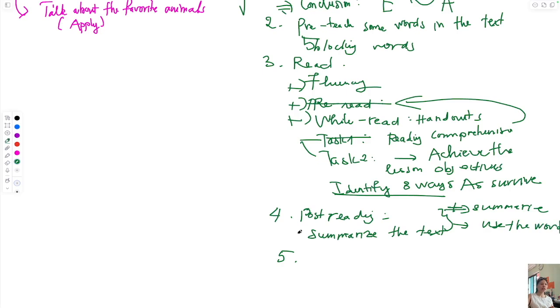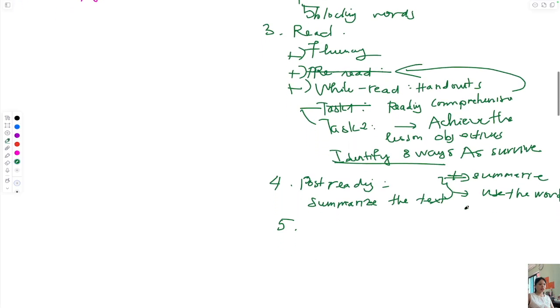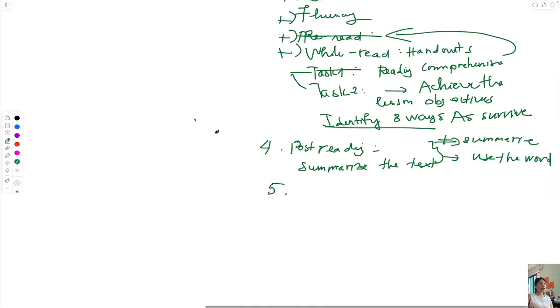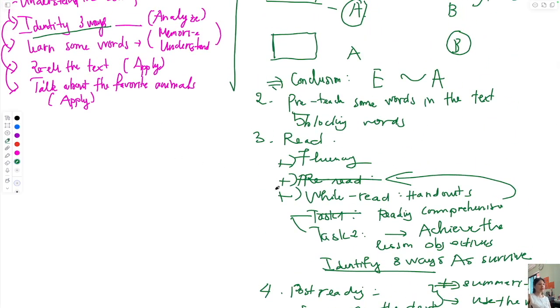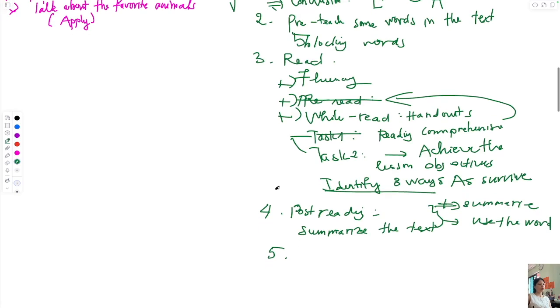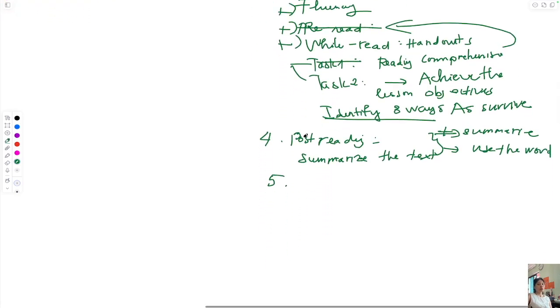And lastly, number 5 is this activity. Number 5, talk about the favorite animal. Of course, this is a freer practice, a free speaking practice. Actually, we will speak.